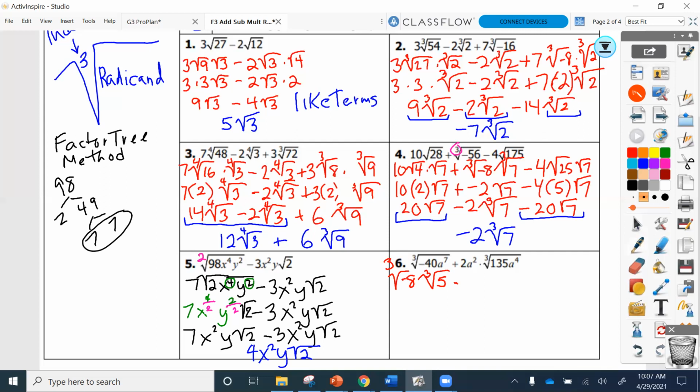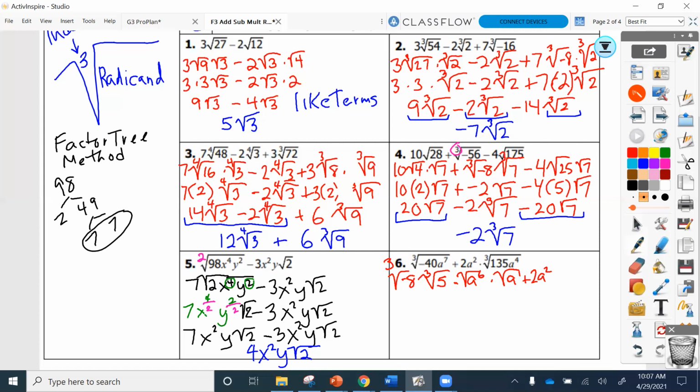Since 7 is not divisible by 3, we're going to break up a to the 7th like a to the 6th times a to the 1st. That would give you your a to the 7th.